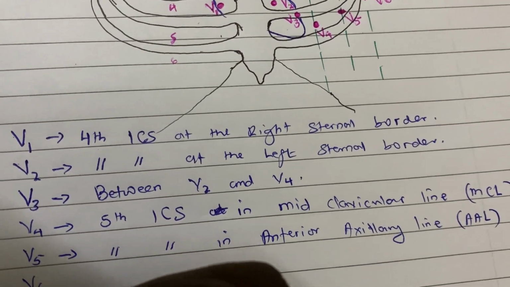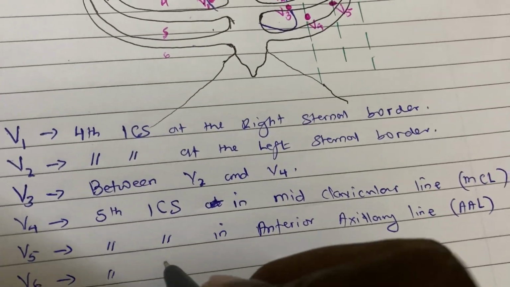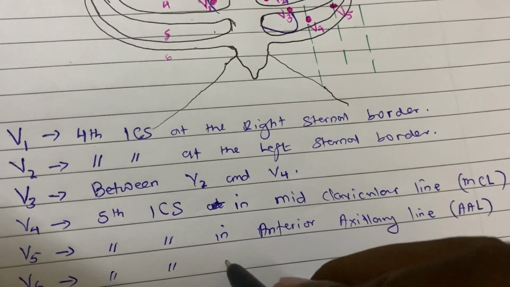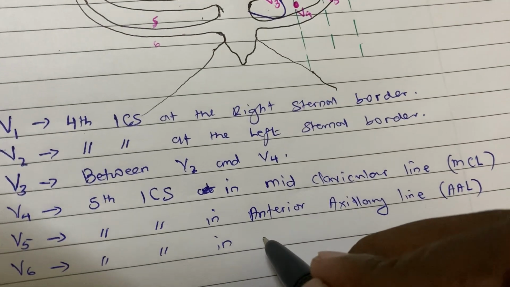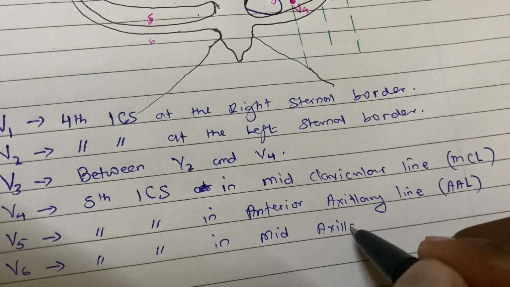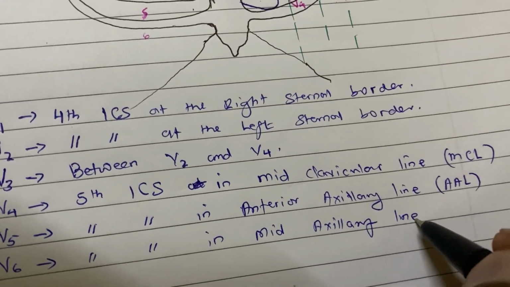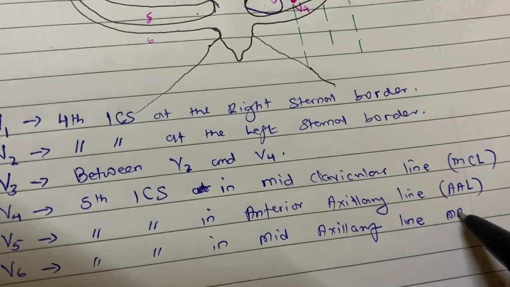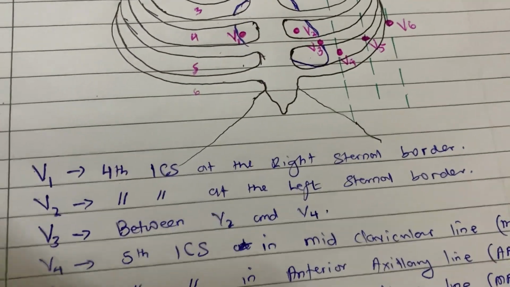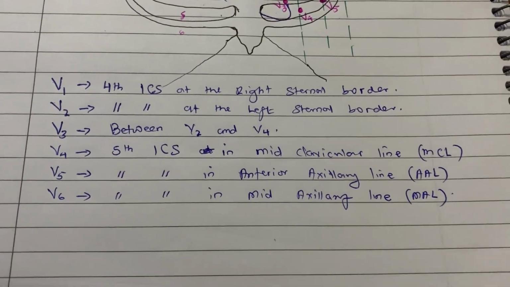And then V6 is put in the 5th or 6th intercostal space at the mid axillary line. So this is the placement of precordial leads.